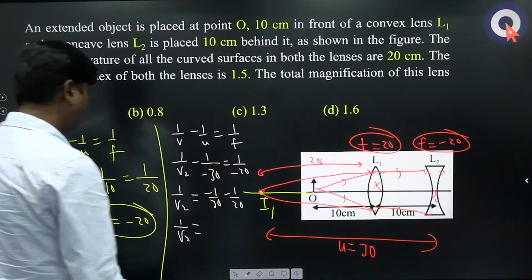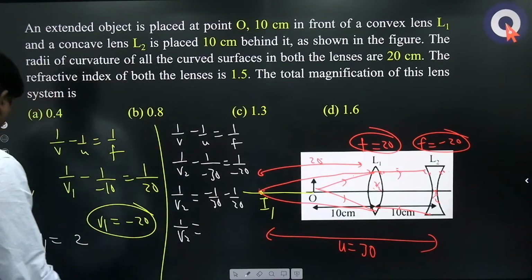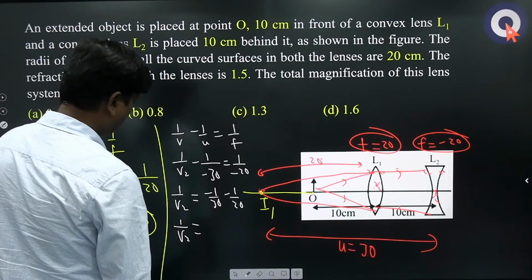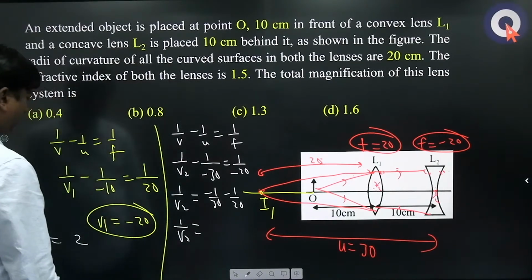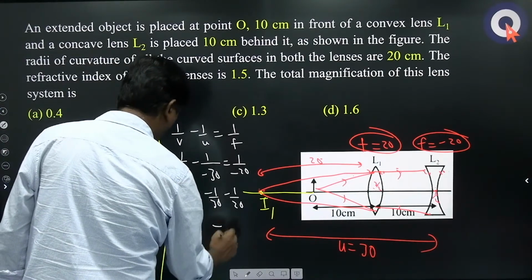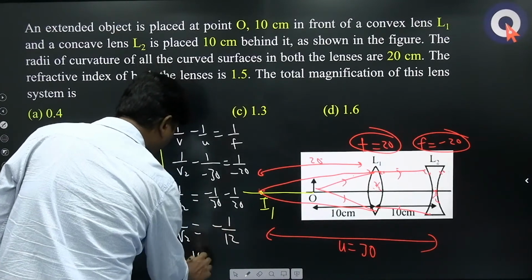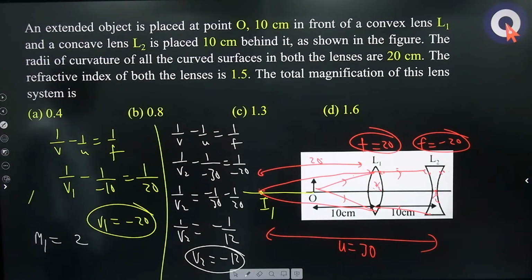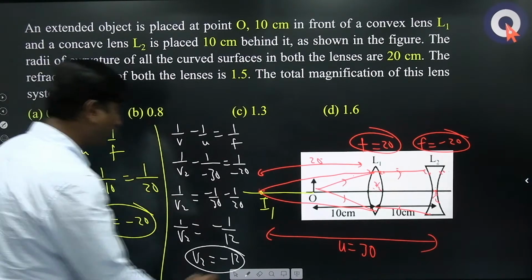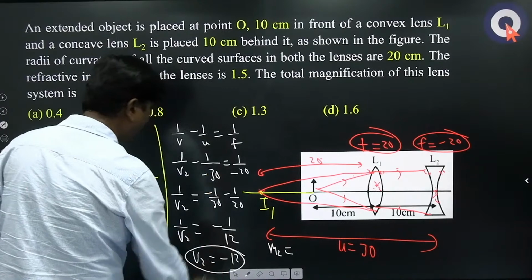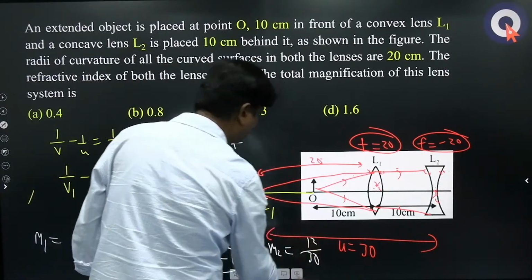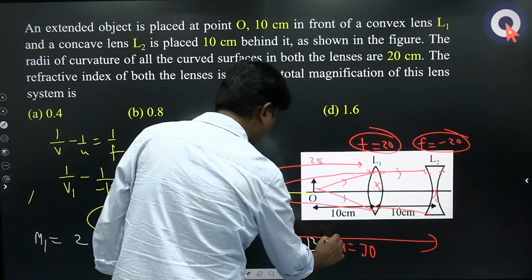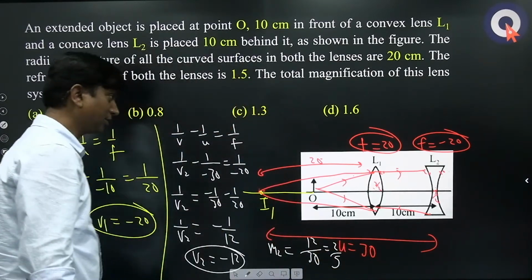On 60, so minus 2 minus 3, minus 5 by 60, minus 1 by 12. So v2 is equal to minus 12. So magnification M2 will be v by u. v is 12, u is 30. So 2 by 5 magnification.